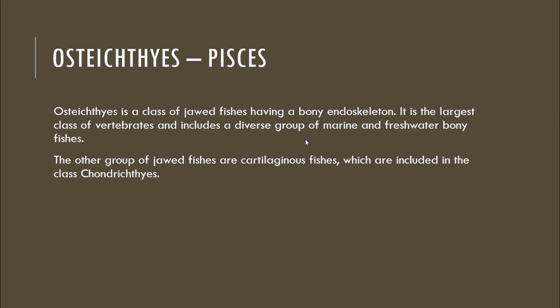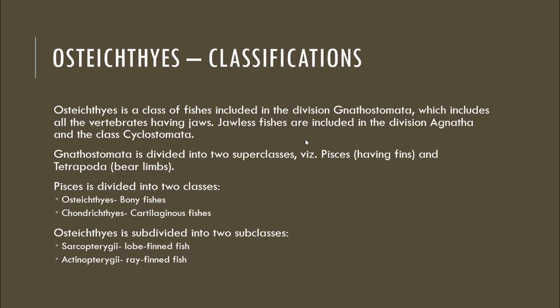The other vertebrates are cartilaginous fishes, which are included in the class Chondrichthyes. Okay, so the Osteichthyes now. Osteichthyes is a class of fishes included, I've explained it a lot of times, which includes all vertebrates. Jawless fishes are included in the division Agnatha and the class Cyclostomata, but we are not concerned. So Gnathostomata is divided into two super classes.